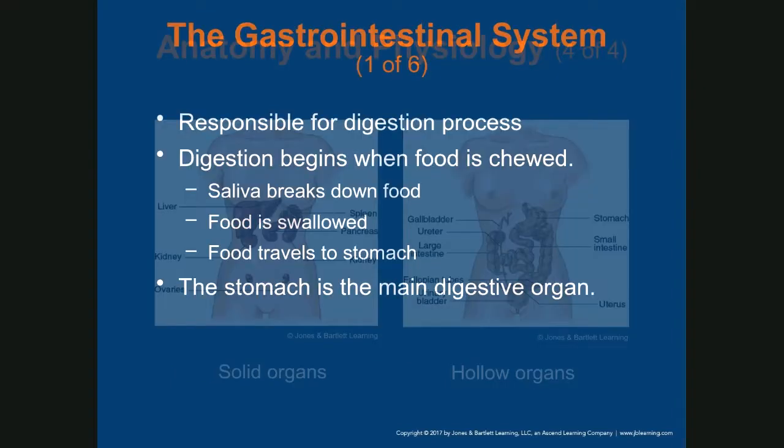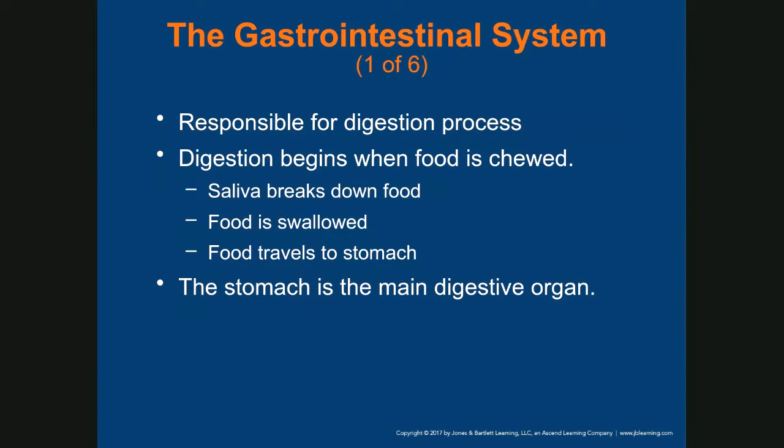All right, so let's look at the gastrointestinal system. It's responsible for the digestive process or the process of digestion. Digestion begins in the mouth, so the food is broken down in the mouth via chewing, call that mastication. Then it passes down the esophagus and goes into the stomach where chemicals or enzymes act on it and break it down to a semi-liquid state.